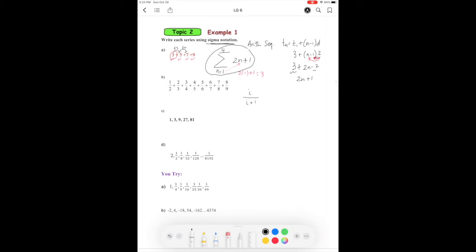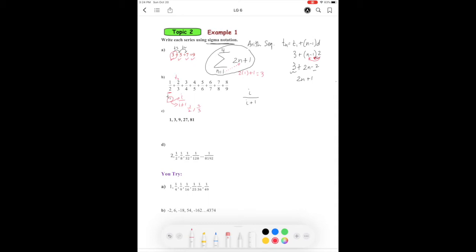Because remember, I can call this T1. If I put this 1 into the i, into this formula I'm just building, I get 1/2. There it is. Remember the next one, this one is T2, right? So if I put 2 there, I get 2/3.